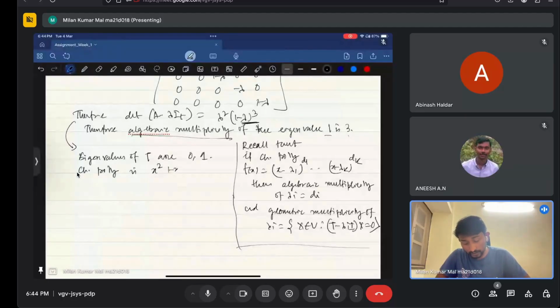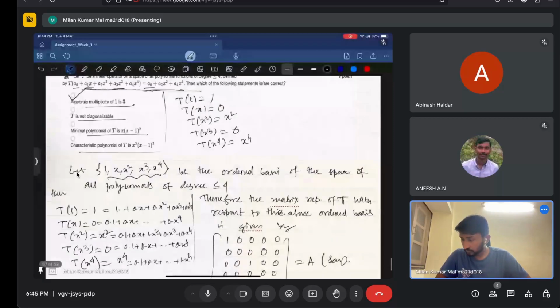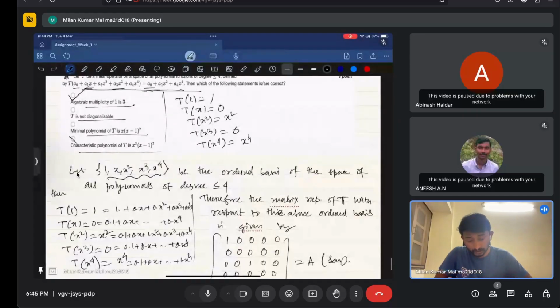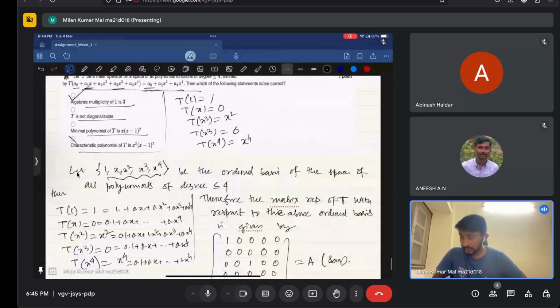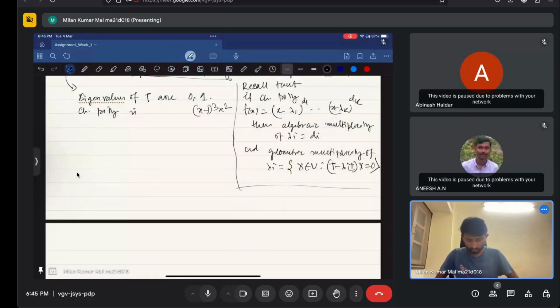So what is the minimal polynomial of T: is it x or x into (x minus 1) square, or not? Just a minute. T will be diagonalizable if it has a basis consisting of all eigenvectors.